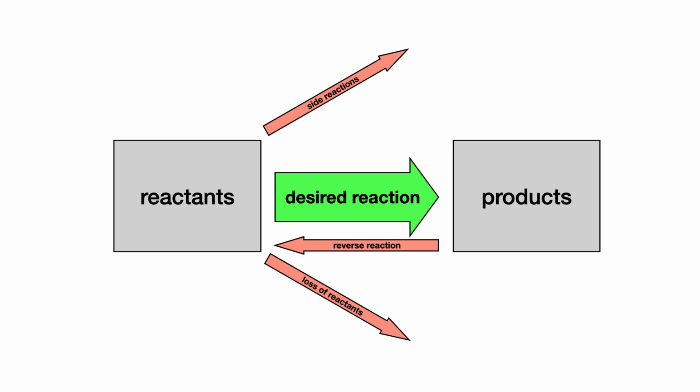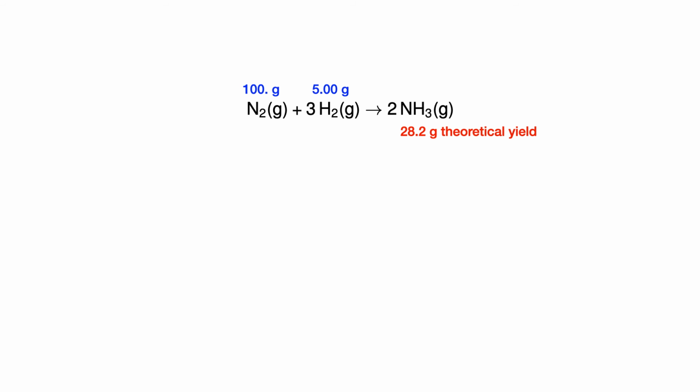And so to take an example of this, we just calculated that starting from 100 grams of nitrogen and 5 grams of hydrogen, we could theoretically produce 28.2 grams of ammonia.